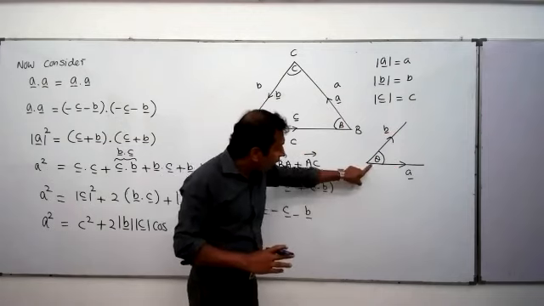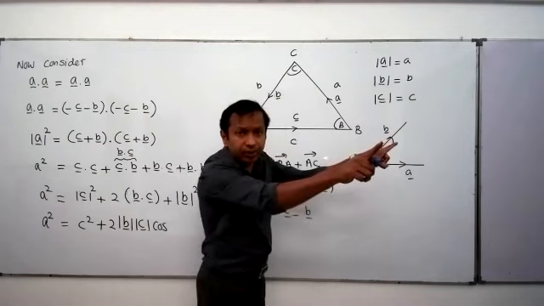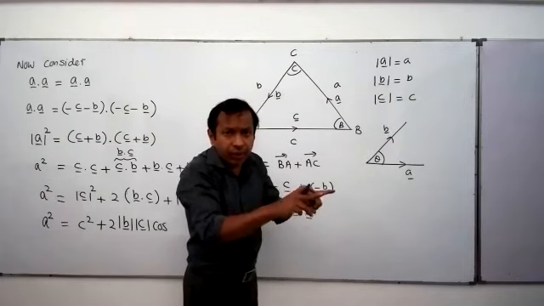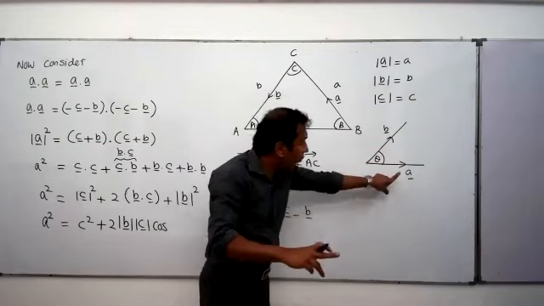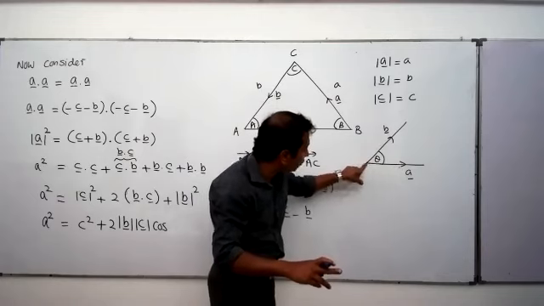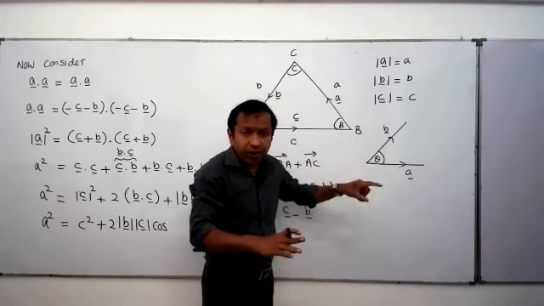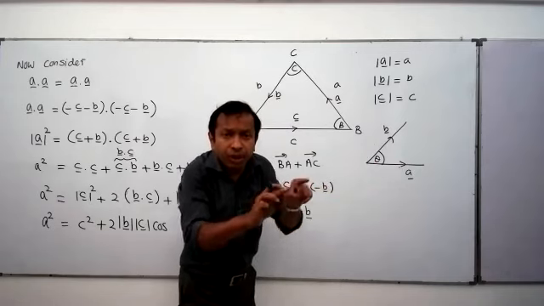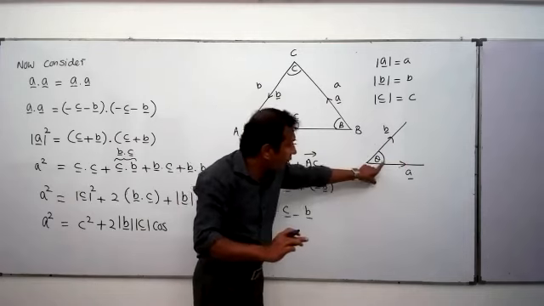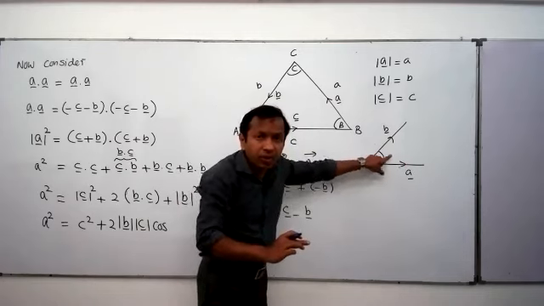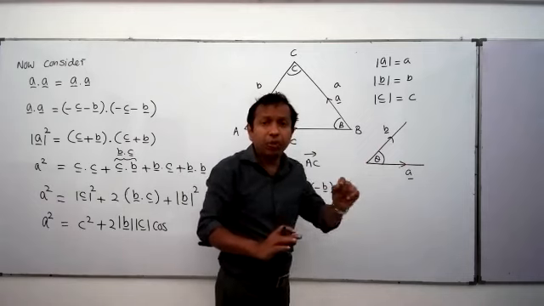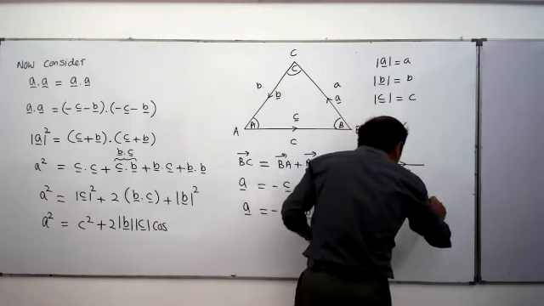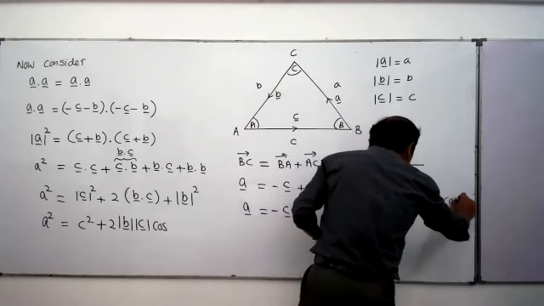The angle is when these 2 arrows are going out from a point. We draw the 2 vectors so that they are going out from a point. When we draw the 2 vectors like that, so that the 2 arrows are going out from a point, on that occasion the angle between A and B only we have to take to write the A dot B. So then here A dot B is equal to mod A mod B cos theta.